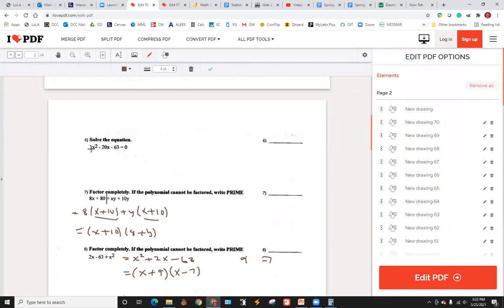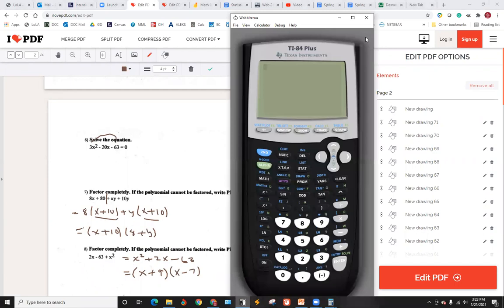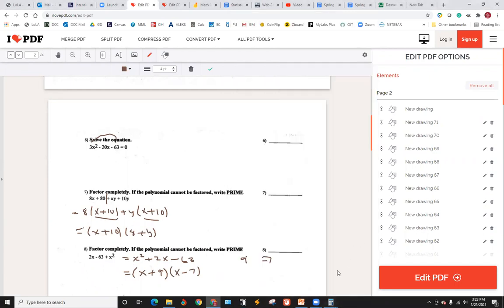All right, so 3, there's no common factor between 3, 20, and 63. If it went for the 20, if there's another like 21 or 18, we could do it. But so what we're going to have to do is do 3 times 63.